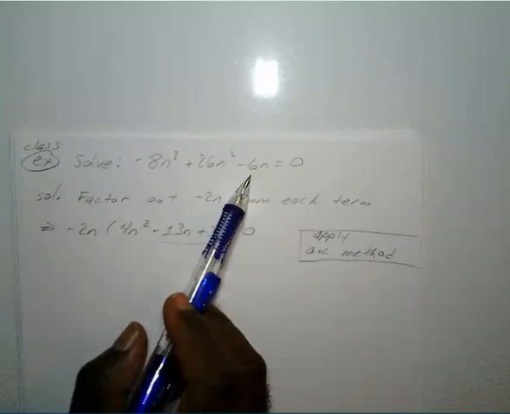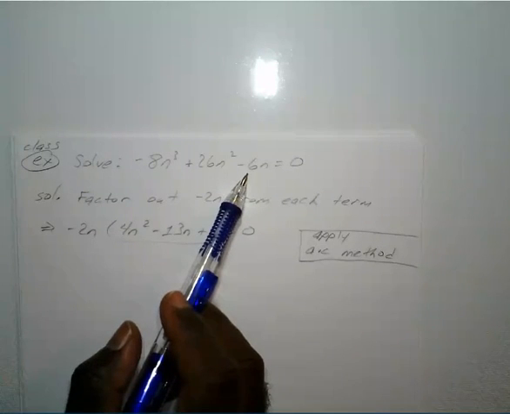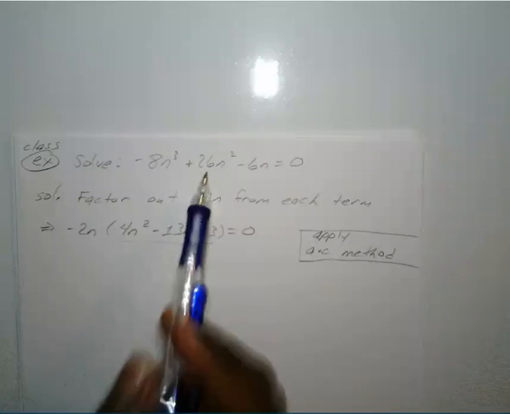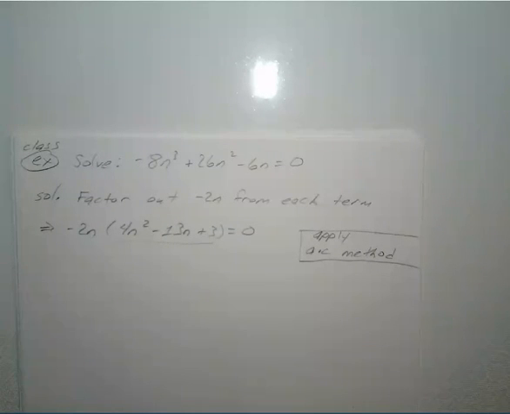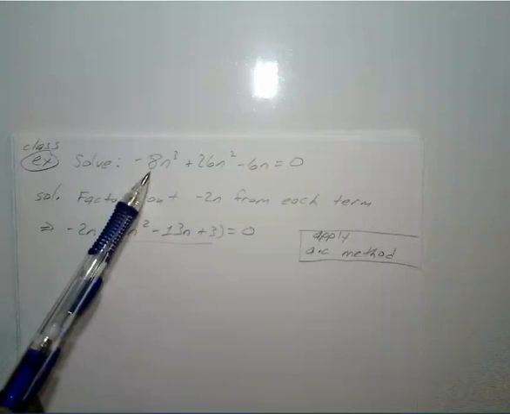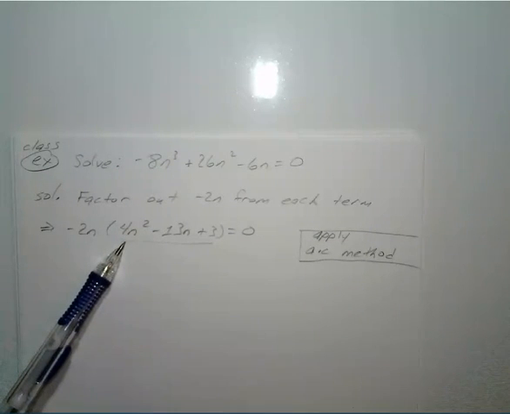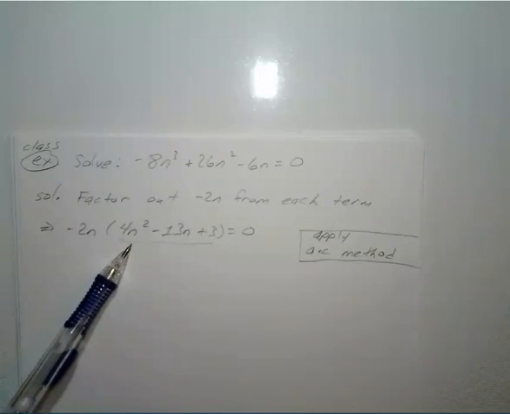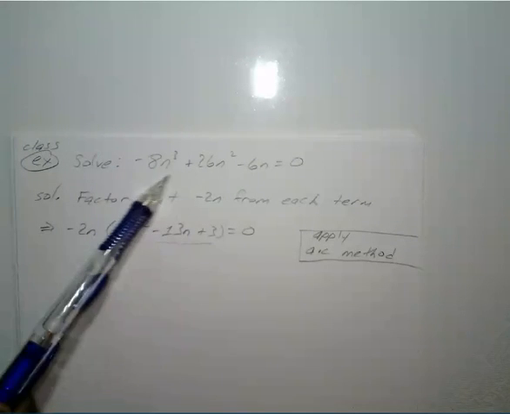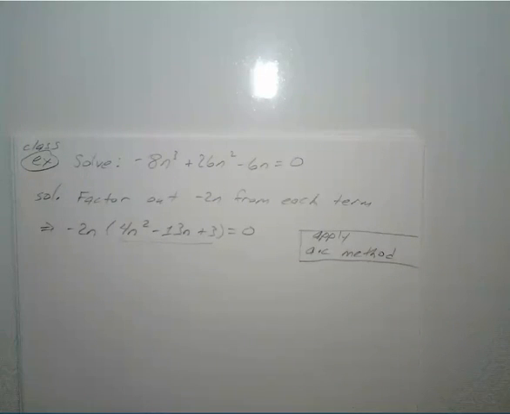So your A times C would be 48. You have to find two numbers that multiply to equal 48 and add to equal 26. That's a lot of calculating to do. So you want to factor it out because doing the A times C method on this quadratic is a lot easier when those numbers get knocked down a little bit. So you always want to find that greatest common factor.